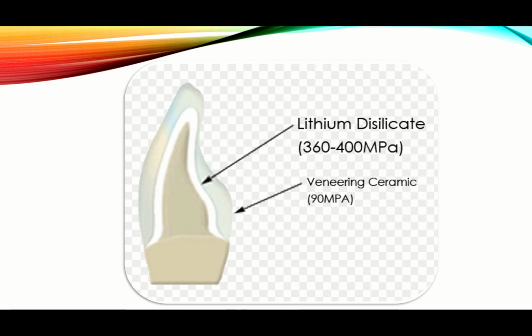The core has its own megapascal of strength, and the veneering ceramic has its own flexural strength. Together, it's very hard to give you a combined flexural strength of this prosthesis, because it depends on all kinds of occlusal forces and lateral forces. Where is it applied? Is it applied here? Is it applied there? And many other factors of occlusion.